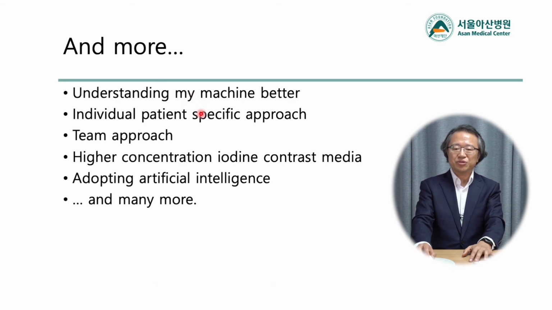First, we need to understand our machine better, pursue an individual patient-specific approach, team approach, consider using higher concentration iodine contrast media, adopting AI technology for dose reduction and image quality control purposes, and many more.